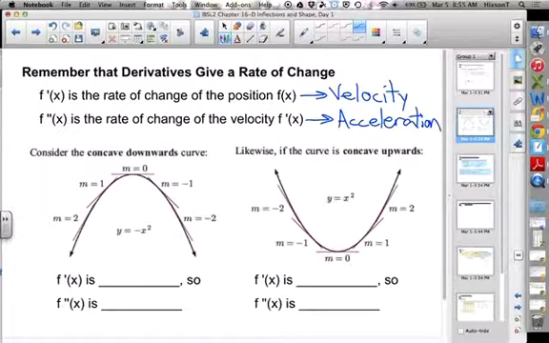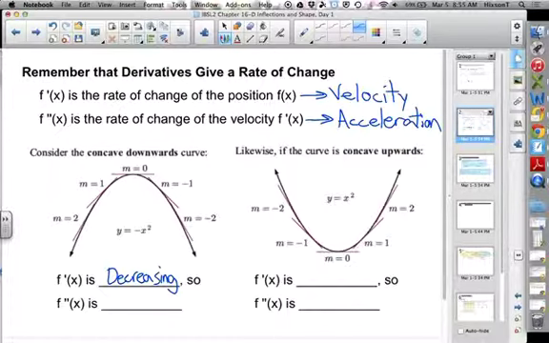Now, you can see here, on the concave downward curve, the slopes of these tangent lines can be positive, can be zero, can be negative. But as we go from left to right, what's happening to our slope? It's decreasing. F prime of x is decreasing. And notice not just in magnitude, like getting closer to zero.